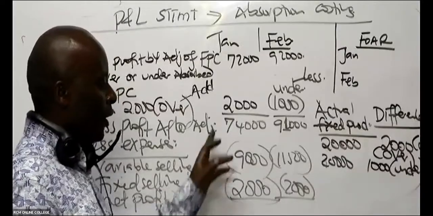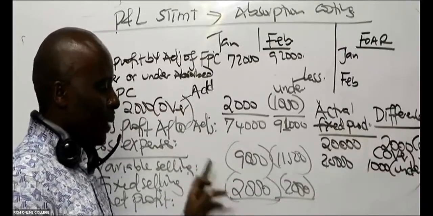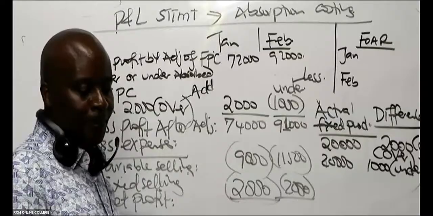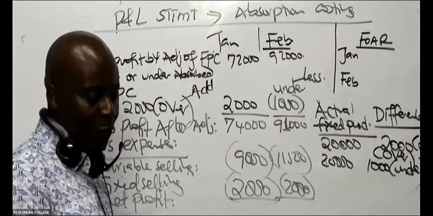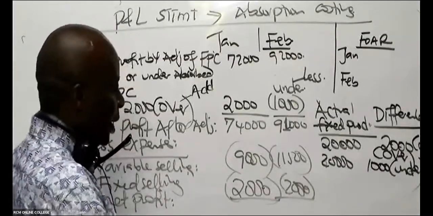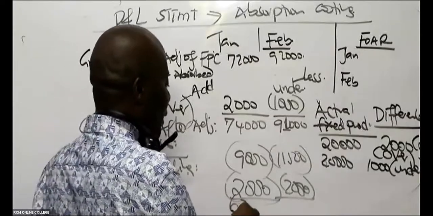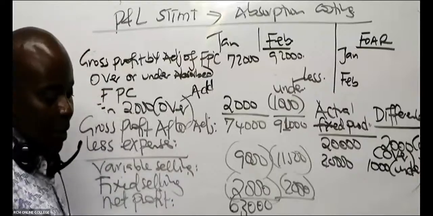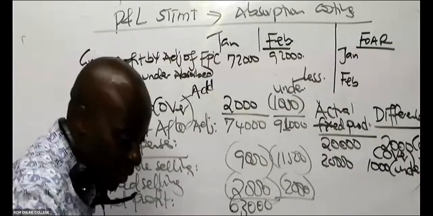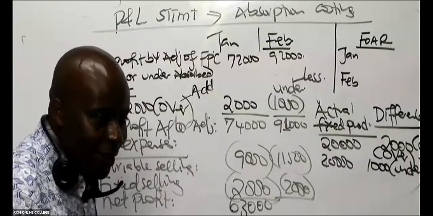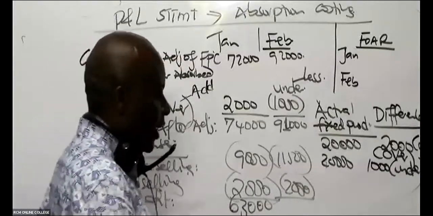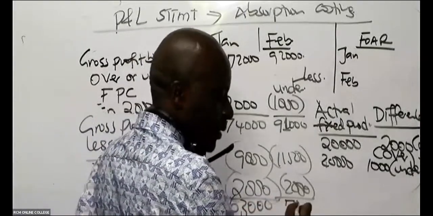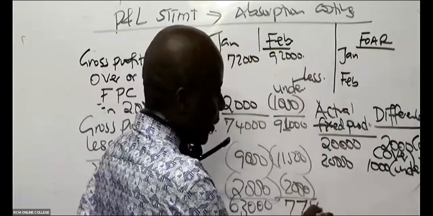So net profit will be 74,000 minus this, minus this. Thank you, Faith. So Lizzie tells me that the first one is 63,000. How about the second one? Thank you so much, Lizzie. Thank you so much, Gadoni. Yes? 77,500, eh? 77,500. Thank you so much.